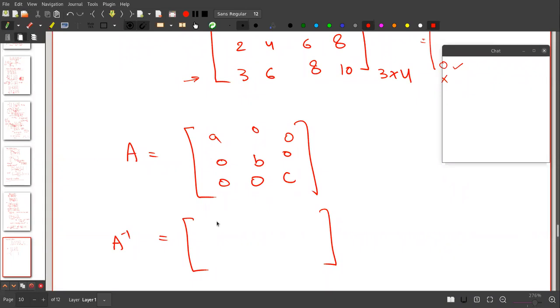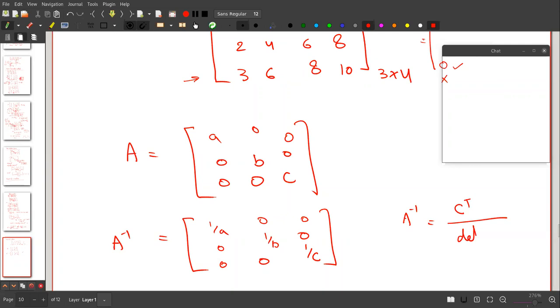The inverse will be 1 by A, 1 by B, 1 by C. You can calculate it by the method which you have seen, that A inverse equals C transpose, that is transpose of cofactors divided by determinant of A. If you calculate, you will get this. So if the matrix is in diagonal form, the inverse will be simply 1 by all those diagonal elements.